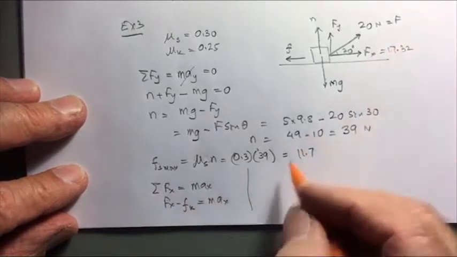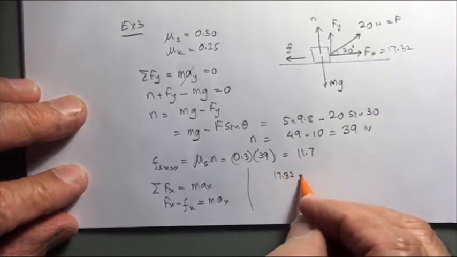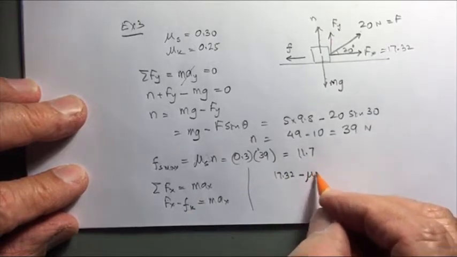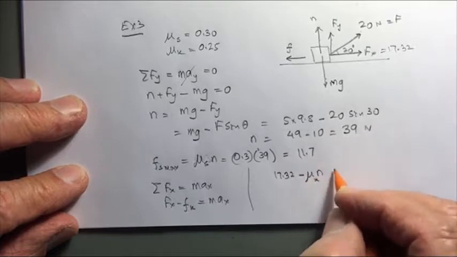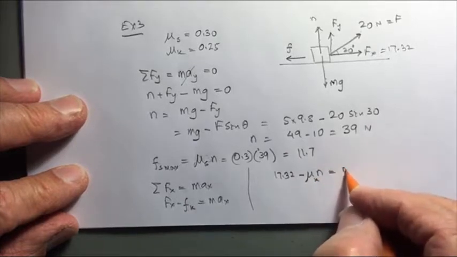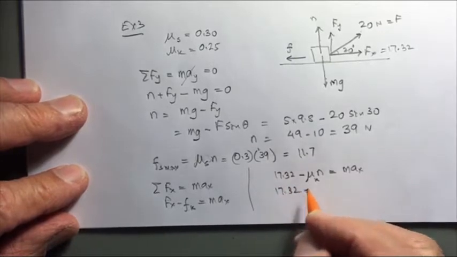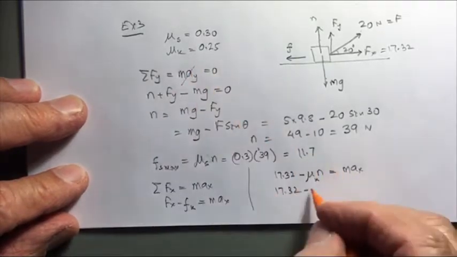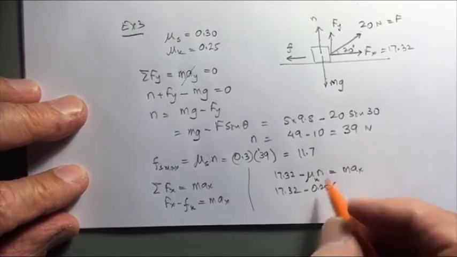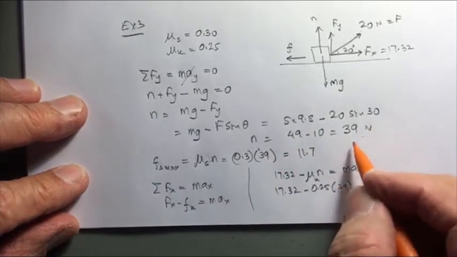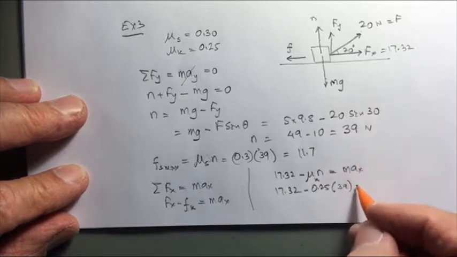The Fx is going to be 17.32, and the friction is going to be mu k times N, equals max. So that's 17.32 minus mu k, which we took as 0.25, times the normal force, which is 39. Note that the normal force is not mg.